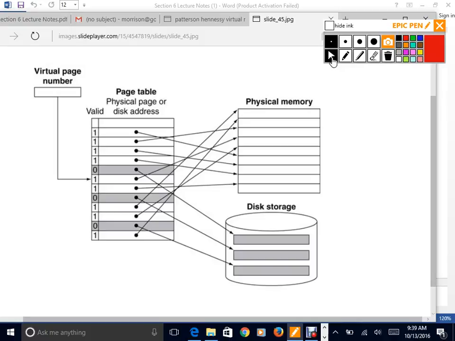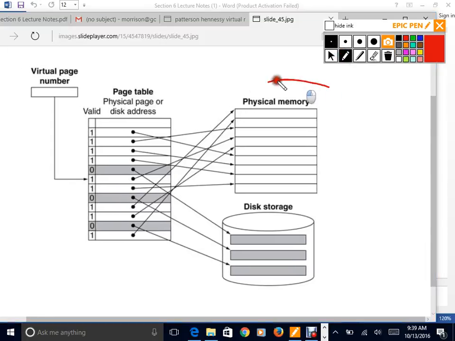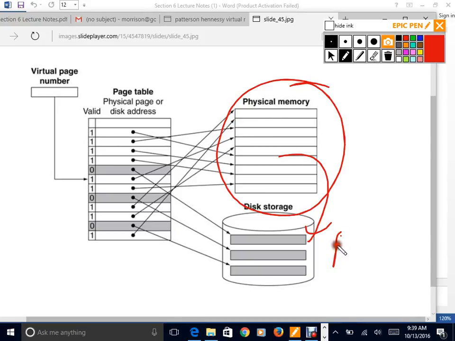Yes, Alex? The page table is in main memory too? Yes, the physical memory. Yes? Is the disk storage the same thing as the virtual memory? No. Virtual memory is the concept of using the physical memory as a cache. The disk storage is the actual disks, the drums that we were talking about, which is the slowest portion of the memory hierarchy.